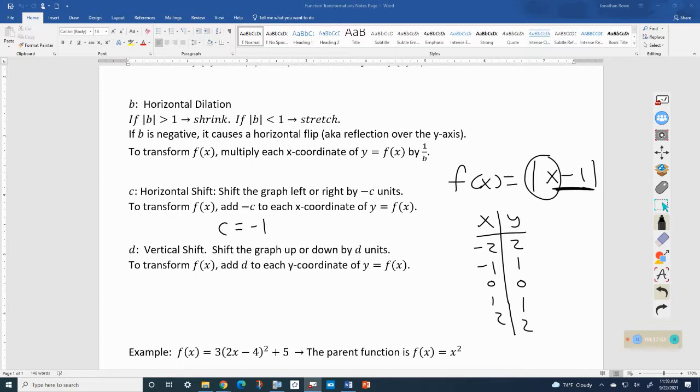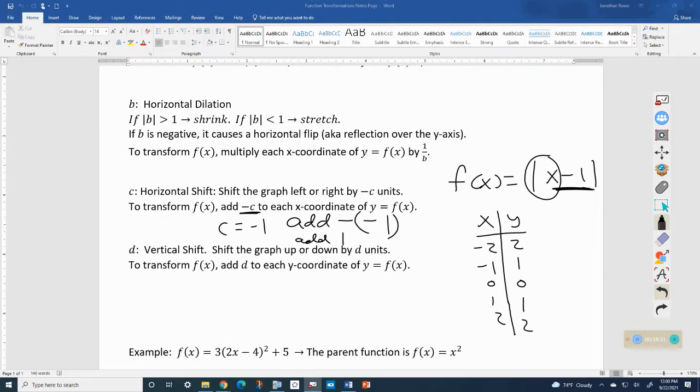C in this case is negative 1. Let me say that a different way. I'm adding negative c, so I'm adding negative 1, which is the same thing as adding what? 1.